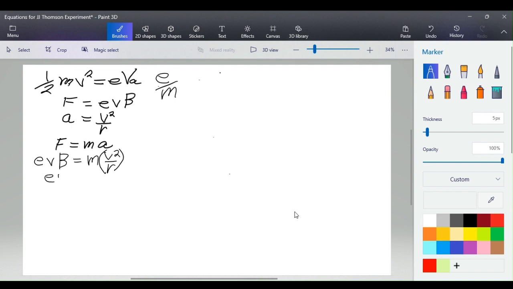Let me get the eraser and erase that out there. Go back to the marker. Divided the m out over here. And then what does that leave us on the right-hand side? Well, let's just do it in slow steps. I told you we'd take our time, so let's just go ahead and do that.